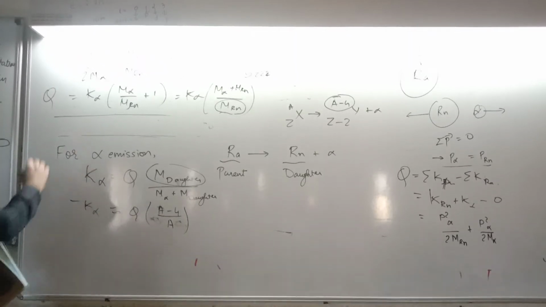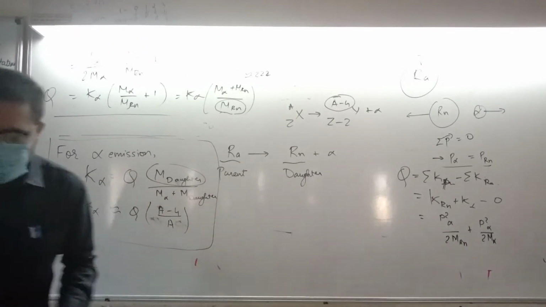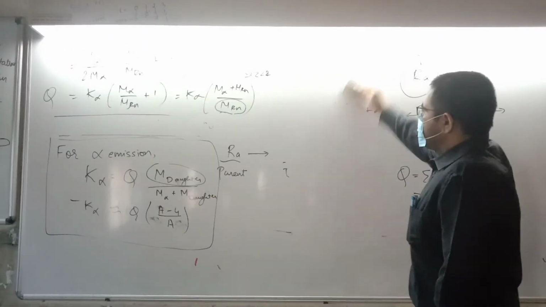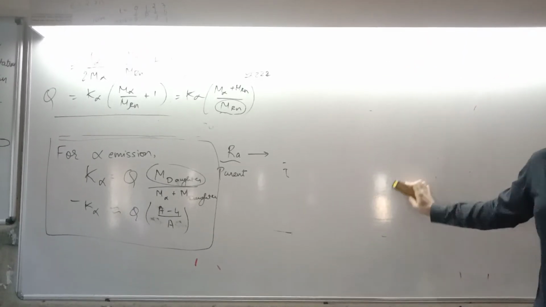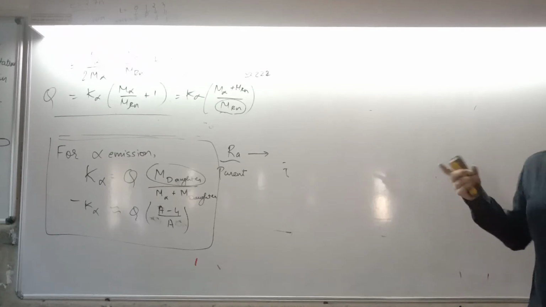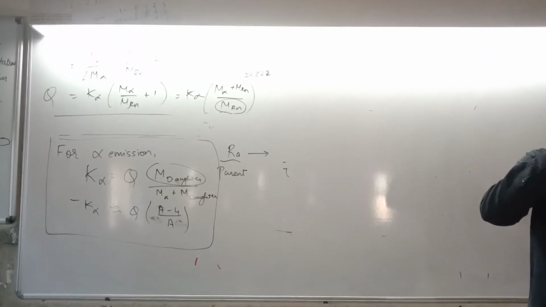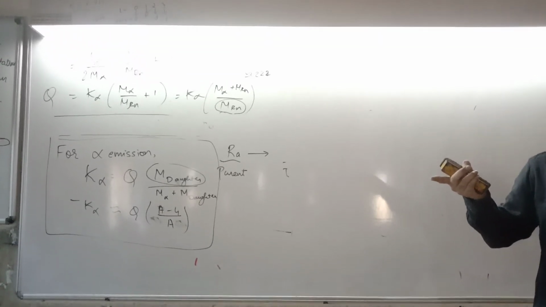So make sure you write this part. If you remember it, your speed will increase, nothing else. And also write down what is called daughter and parent. In the alpha equation, the reactant on the left side is called parent, and on the right side the nucleus is called daughter.